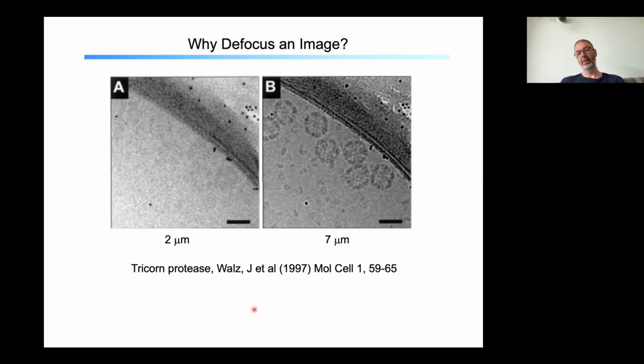This is just a very old image showing this tricorn protease from Tom Walz's lab, with a difference of 2 microns and 7 microns under focus.